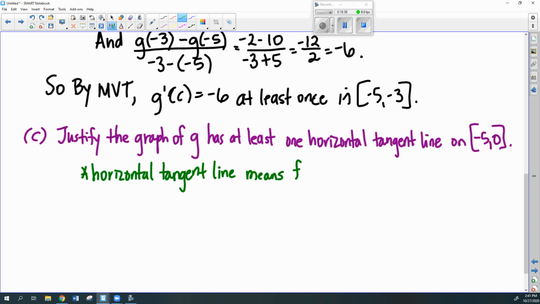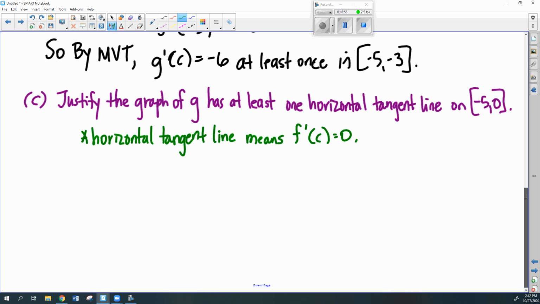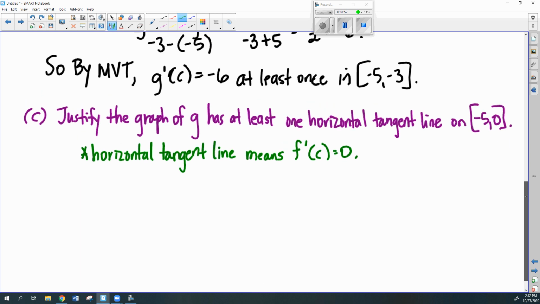So that means f prime of c is equal to 0. So even though they didn't come out and say, is there a place where f prime of c equals 0, okay, you have to know that that's what they're asking for. All right, now I did f prime of c just to be generic, but in this case we're talking about g.